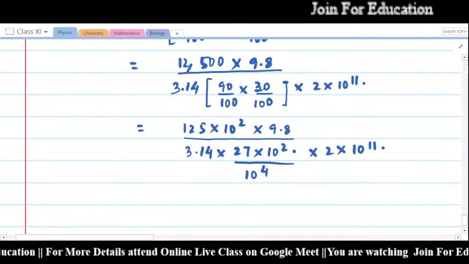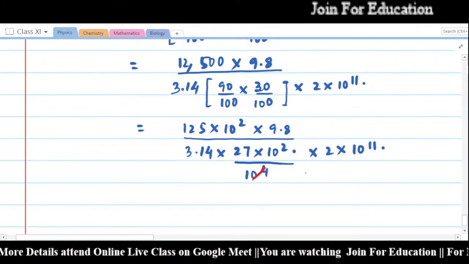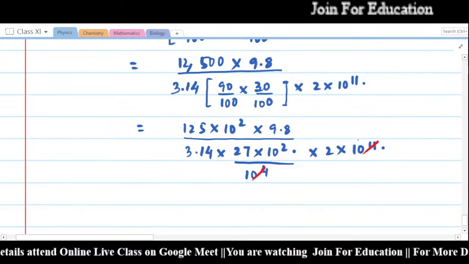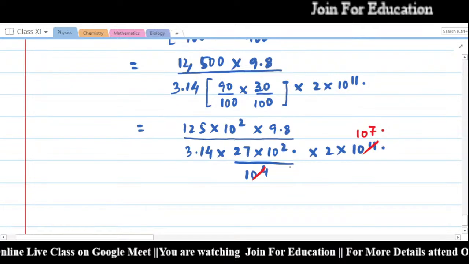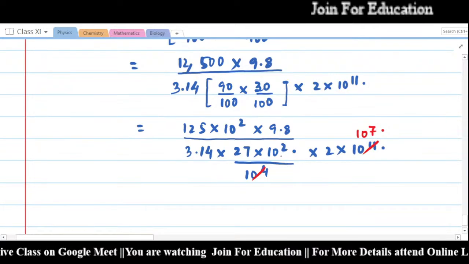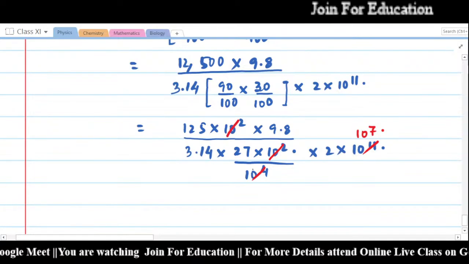Hope there is no problem to understand up to this step. Let's see here 10 to the power 4, here 10 to the power 11, it means that we get 10 to the power 7, and we cancel out 10 to the power 2, 10 to the power 2.